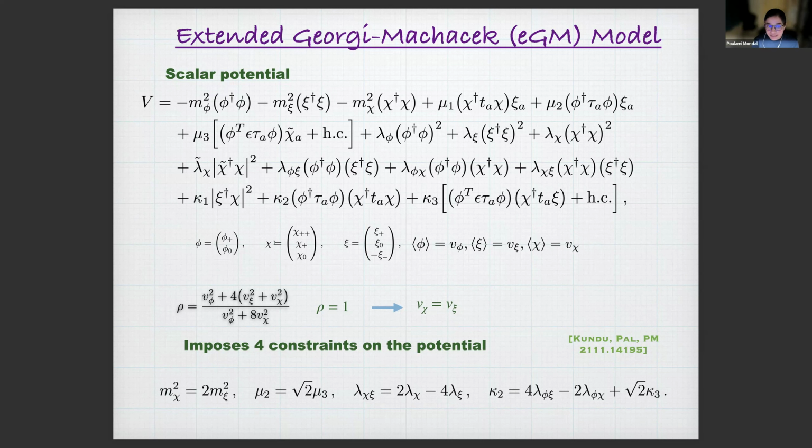So this is the doublet structure, this is the complex triplet chi, and this is the real triplet. Again, after electroweak symmetry breaking, I am giving these vevs to the doublet and triplets as V5, Vξ, and Vχ.